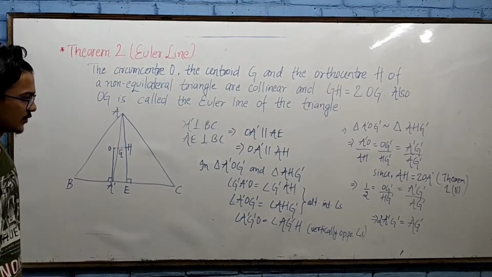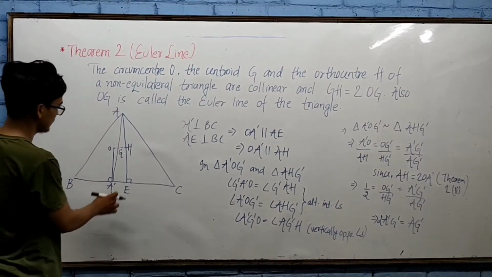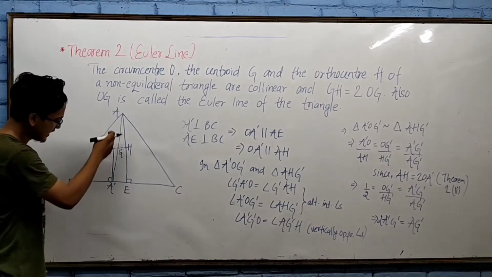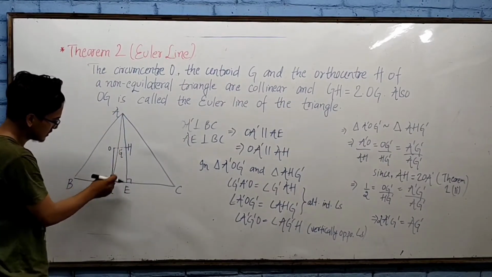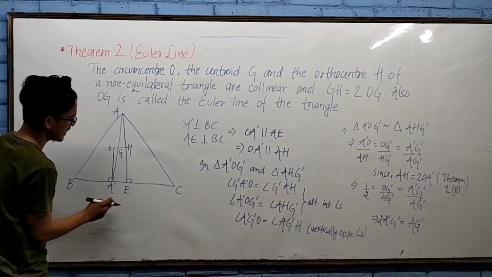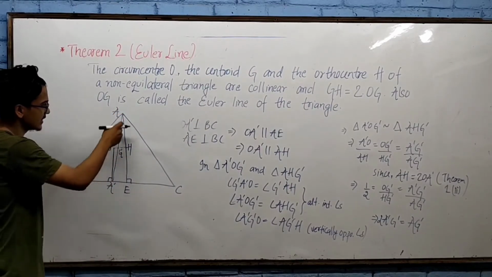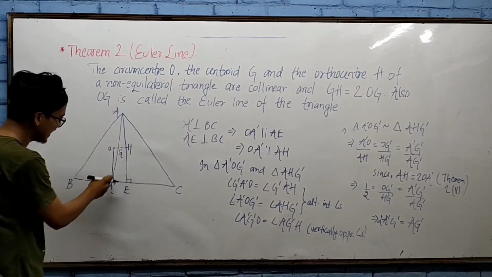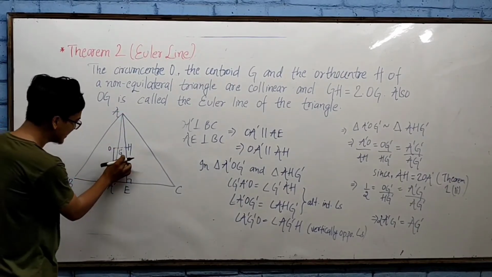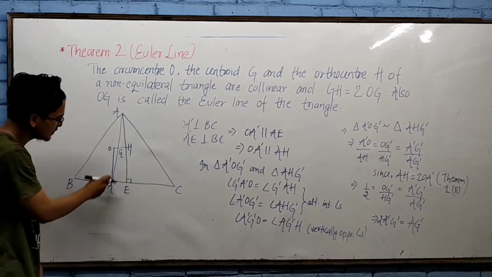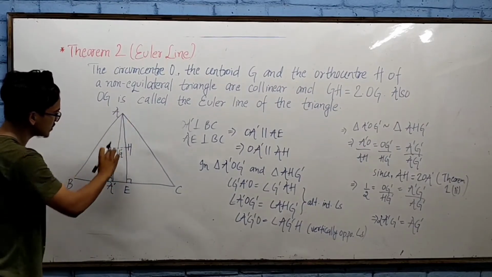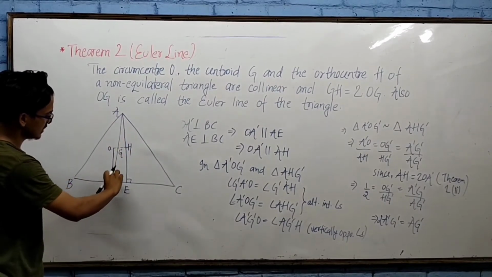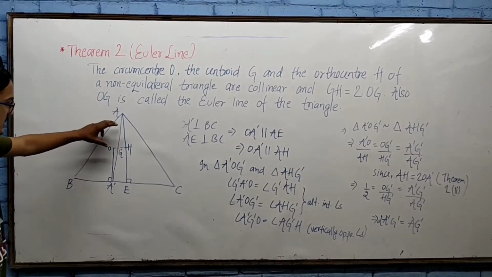So basically what we are getting is that this point G dash divides this AA dash, which is actually the median, since A dash is the midpoint of BC and this AA dash is connecting the opposite vertex to the midpoint of the opposite side. So this AA dash must be the median, and this G dash point is dividing this median in the ratio of 2:1, as we can see, because 2 times A dash G dash equals AG dash.